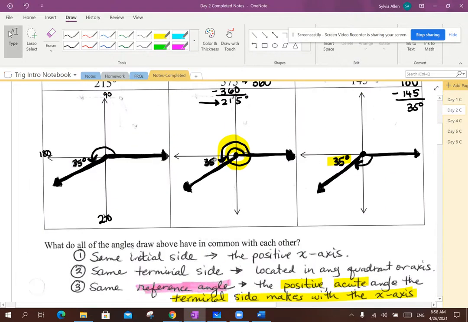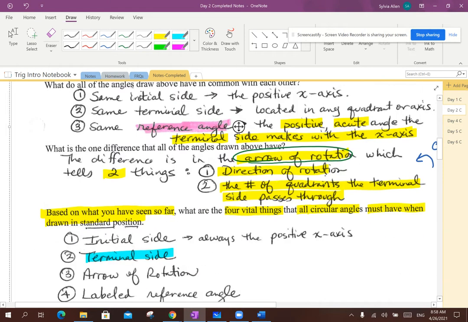So notice that this reference angle was 35 degrees all the way across, but the angle of rotation was different. This angle of rotation only went through 3 quadrants. This one went through 4, 5, 6, and 7, and this one went through 2.